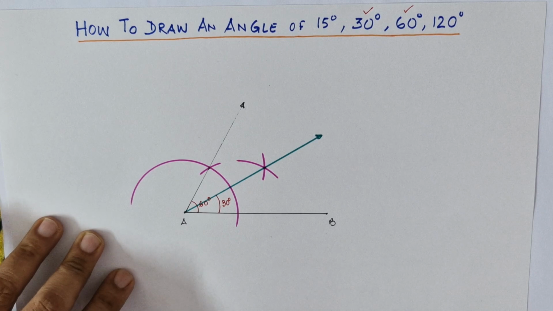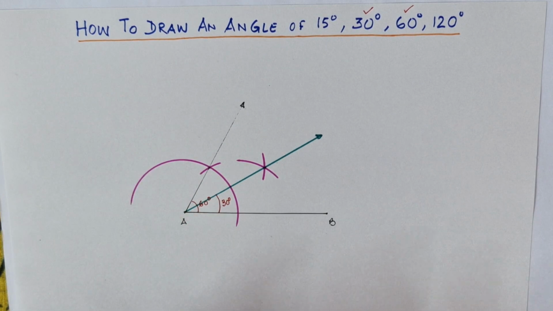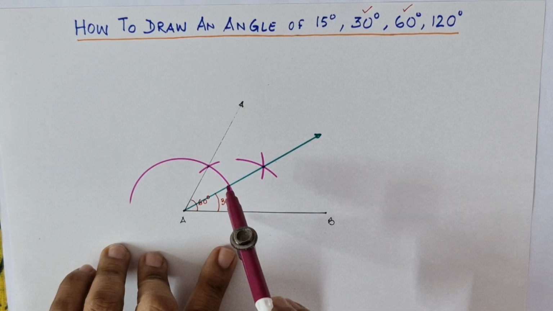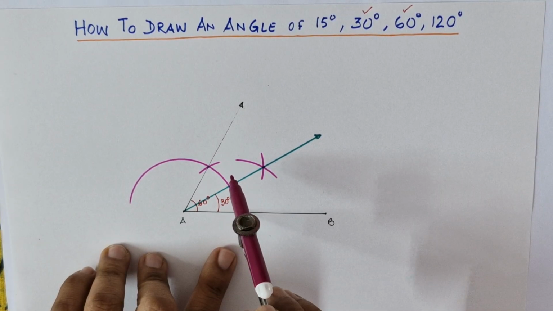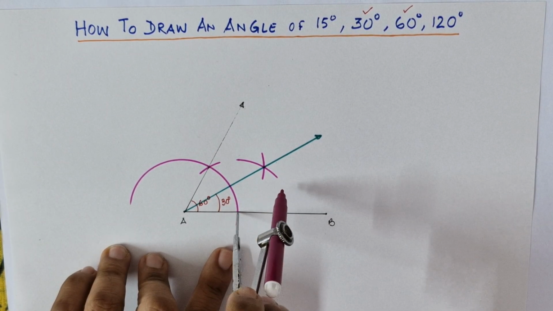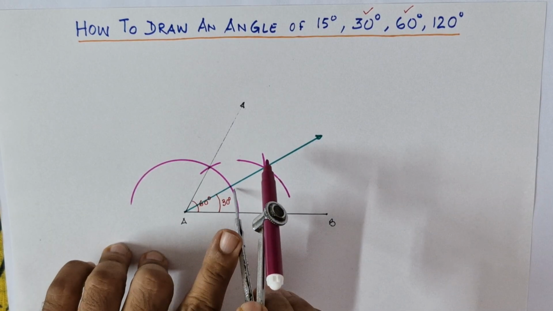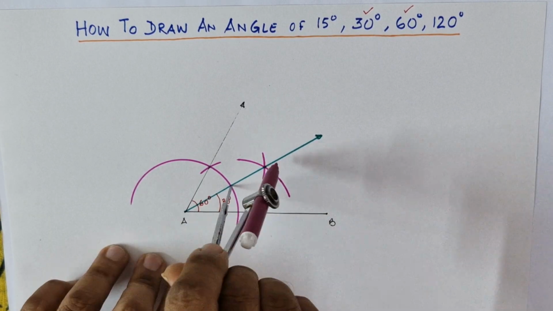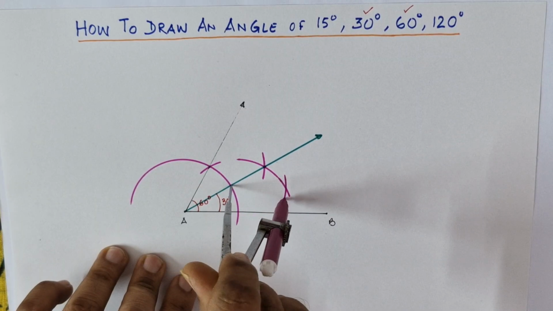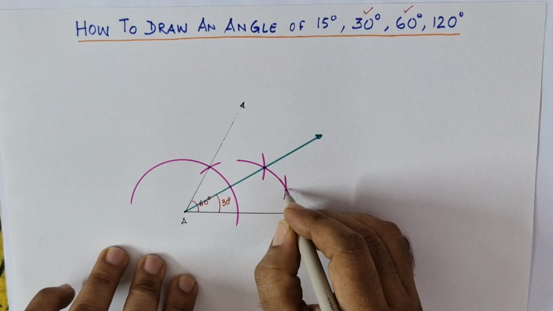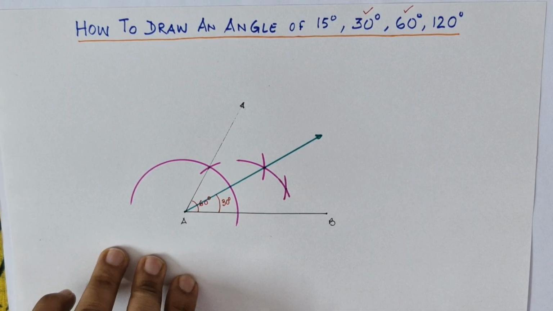So we'll do it in a similar way. So already there is an arc, see, from the previous one. So we'll take this as center and we'll draw this arc, and with this as center, we'll draw an intersection arc. So this one will be the point of intersection.